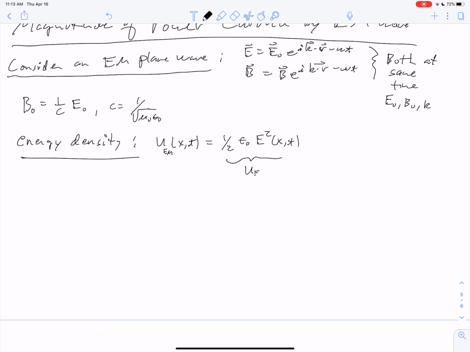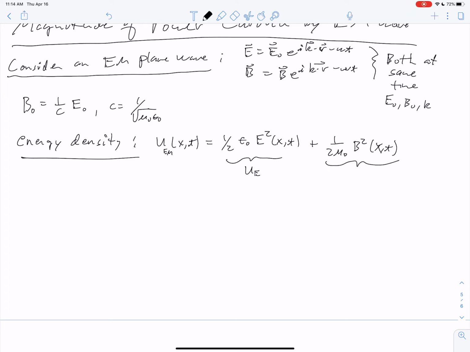That's the energy density carried in the electric field, but there's also some energy density carried in the magnetic field, which we derived, which is going to be B squared, the magnitude squared of B of x and t, position and time.